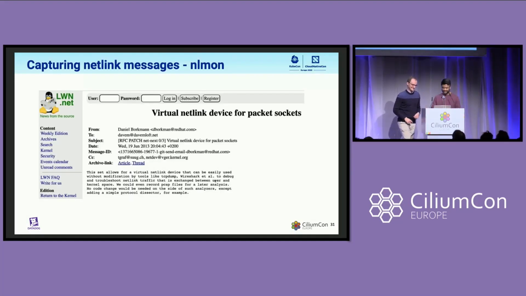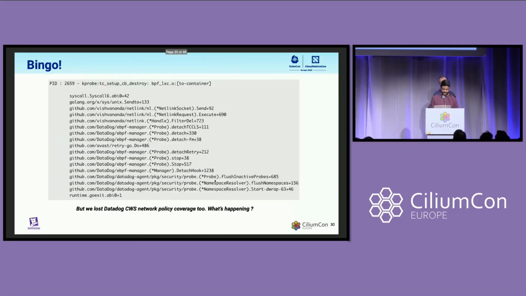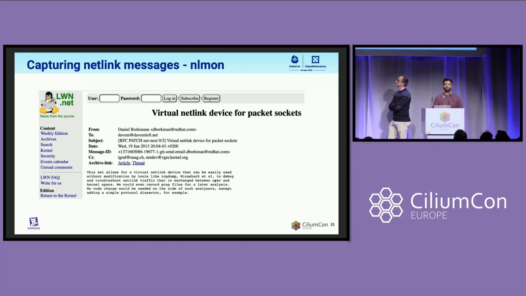So at this point, we also wanted to understand what other netlink messages were being sent, because the TC binary does not use the netlink library directly, but the Cloud Workload Security's Datadog agent was using the netlink library to interact with the kernel. So we wanted to capture all the netlink messages that were being sent to the kernel, and we realized that there was a kernel module called nlmon that allows us to monitor all the netlink messages.